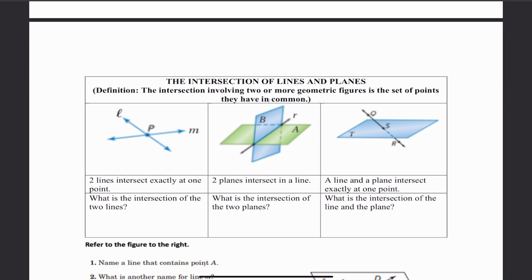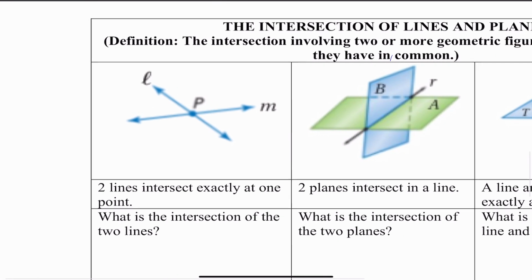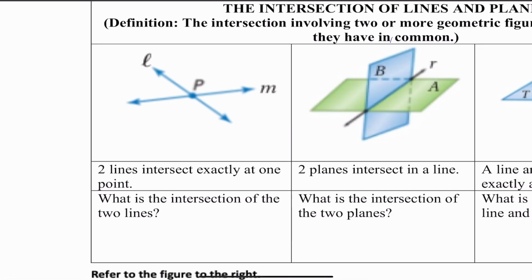If I were to take a look at this example right here, there are 2 lines that intersect exactly at one point. What is the intersection? Where do they meet of the 2 lines? So, what is this line over here? This line, since I noticed that I have a lowercase letter, that is going to be called line L. That's line L. And over here, I noticed that this line is next to this lowercase letter.